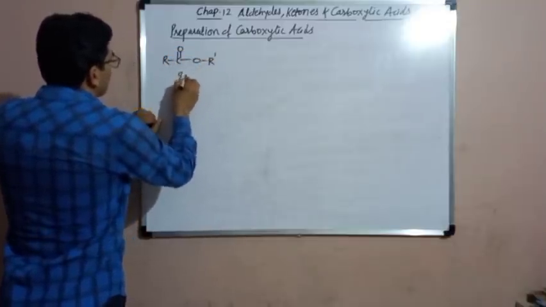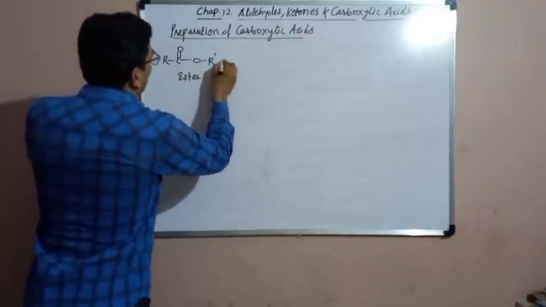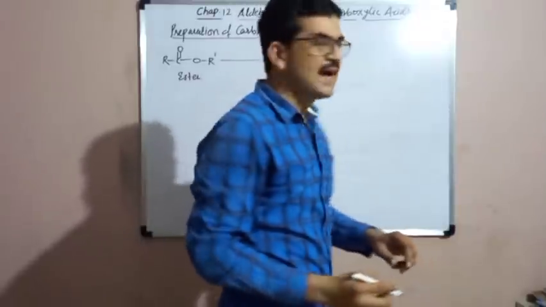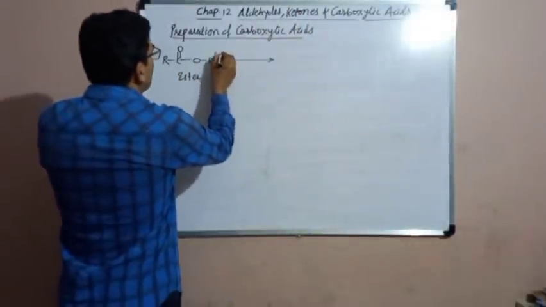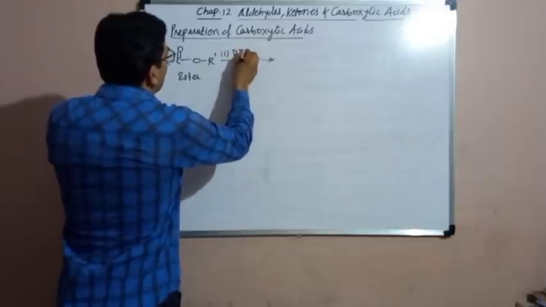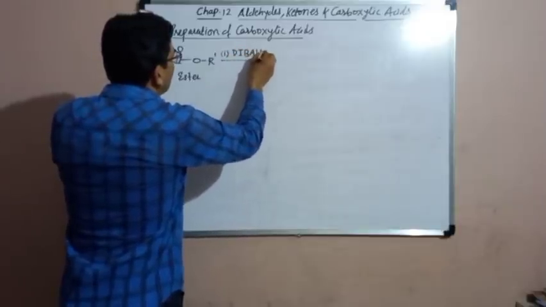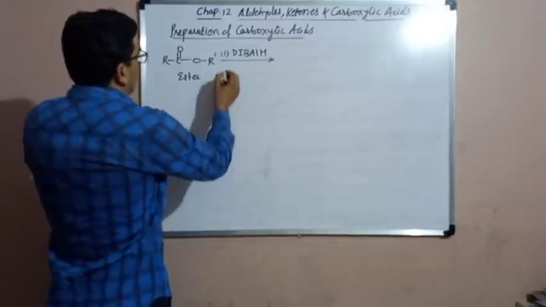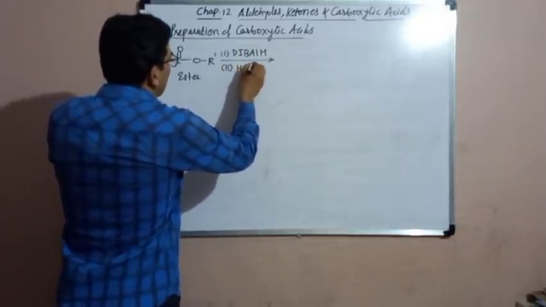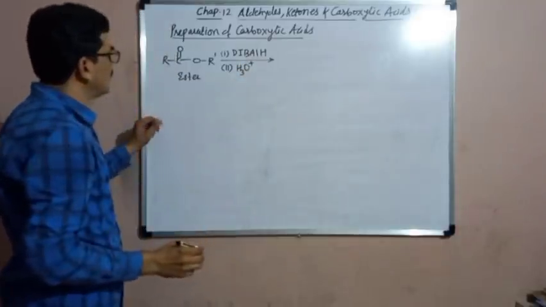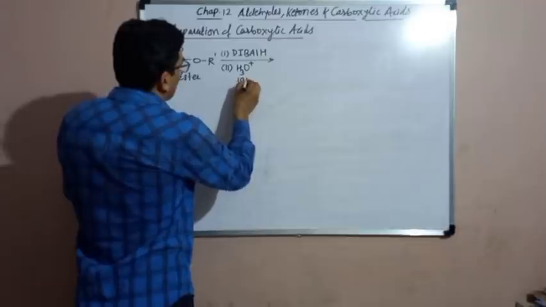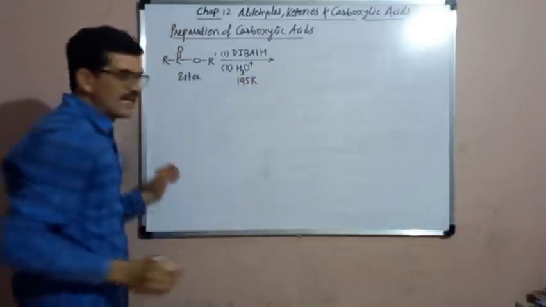This is an ester. When this ester is reduced by diisobutyl aluminium hydride, followed by acidic hydrolysis, that is the action of dilute acid, at low temperature, 195 Kelvin.